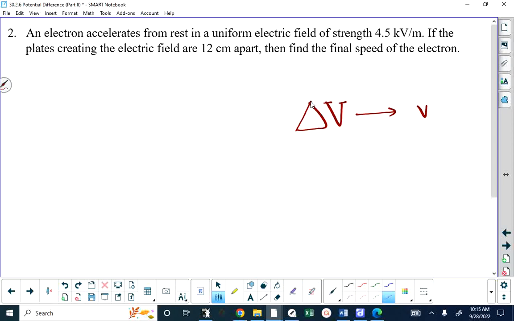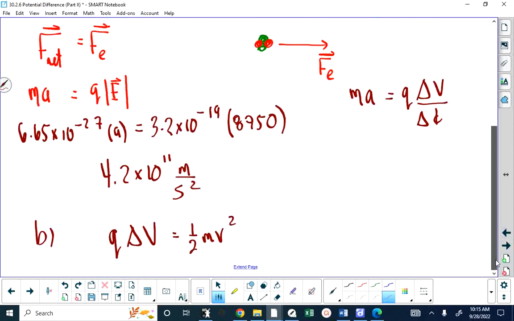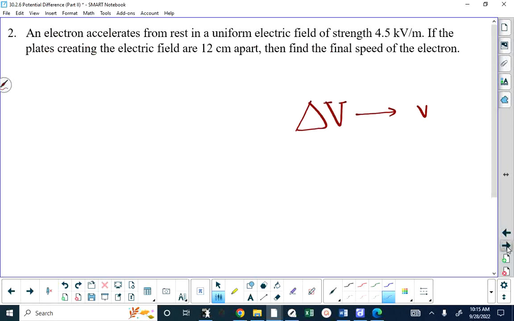That's this calculation that we did at the bottom for B. It's just a natural thing. It's something we have to be able to do. So how can we find the voltage that this accelerates through? Well, you know the electric field strength, and that's E for electric field, is voltage over distance.